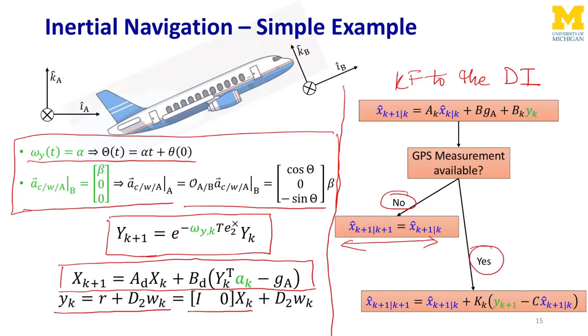And if there is a GPS measurement, we are going to use the Kalman filter gain along with the output error, which is the difference between the GPS measurements and our model predictions. So that's going to give us the output error, and we're going to use that with the Kalman gain to produce a better estimate of our state. So this is the correction state, which happens only when GPS measurements are available.